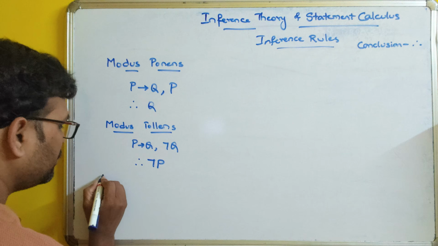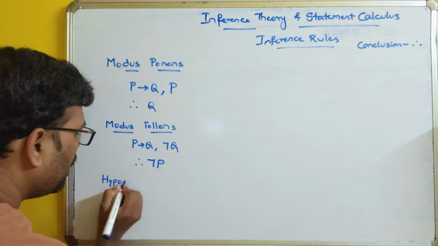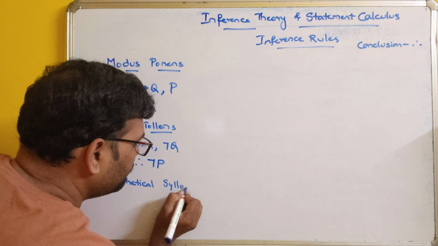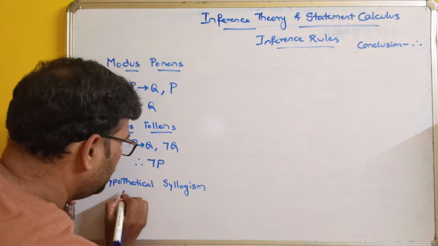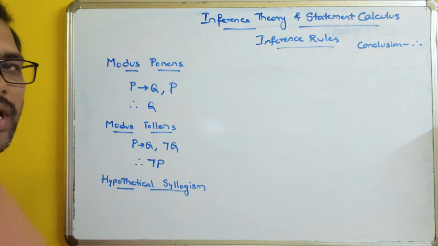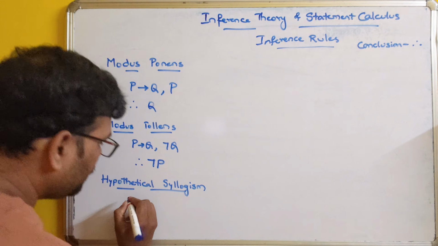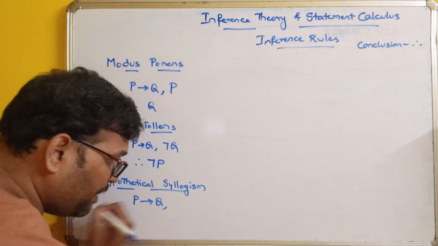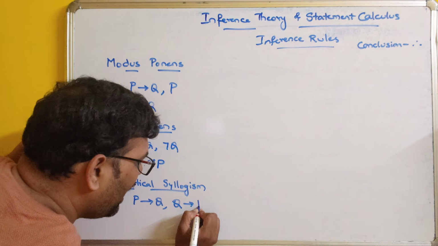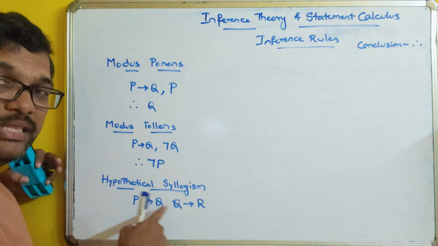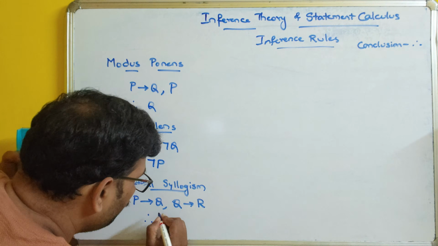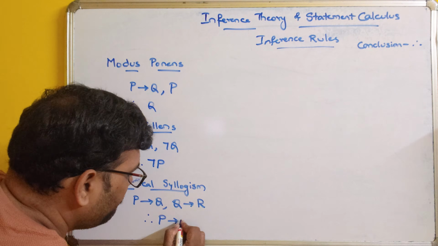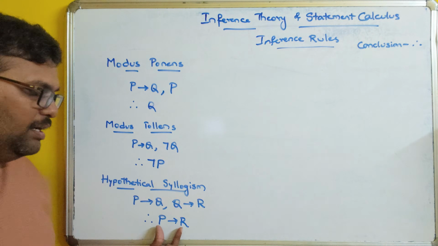Okay, next, hypothetical syllogism. If the premises are in the format of P implies Q and Q implies R, if the formulas are in this format, the conclusion will be P implies R. So this is the formula.